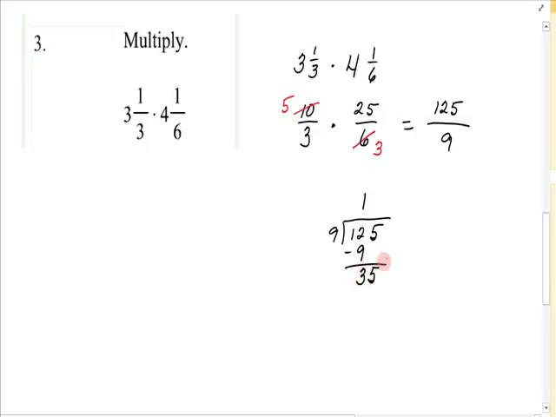Subtract. Bring down the 5, 35, goes in there 3 times. 3 times 9 is 27. Subtract for 8, my answer is 13 and 8/9. So I've got my mixed number answer.